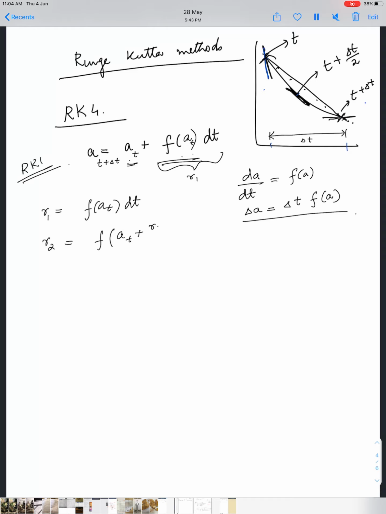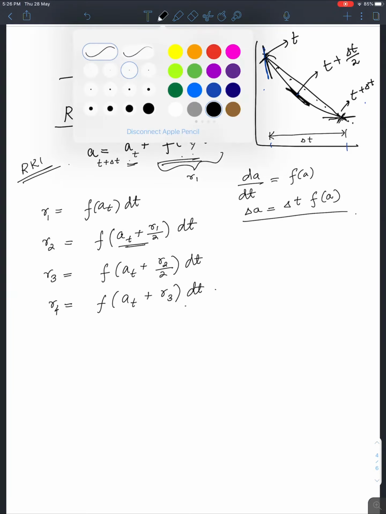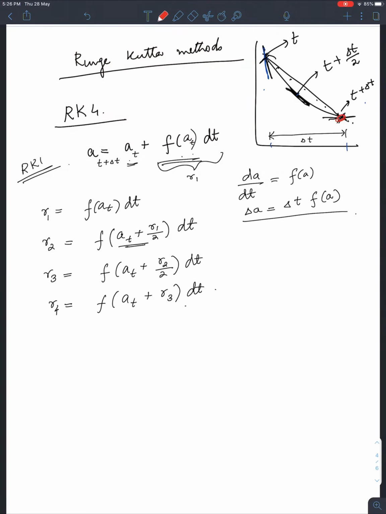But instead we go to A plus r1 by 2, so we are going halfway, somewhere in the middle of dt. Now r3 is another slope at A plus r2 by 2, again at the mid position, and finally r4 is equal to f(A plus r3) times dt. So here we have gone to the end.